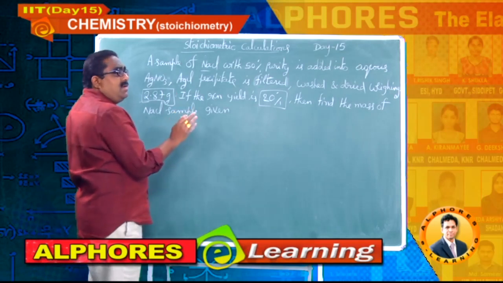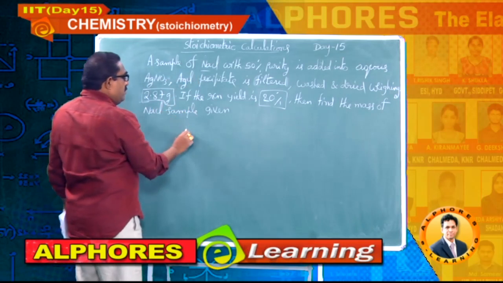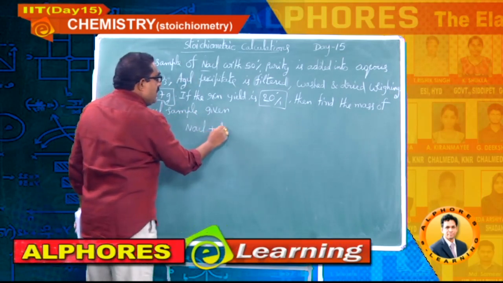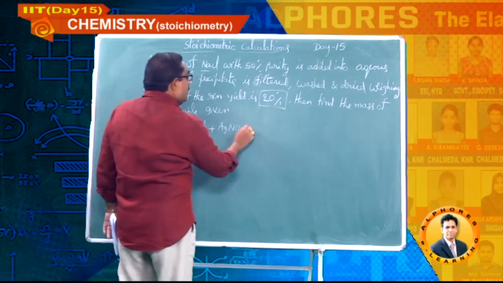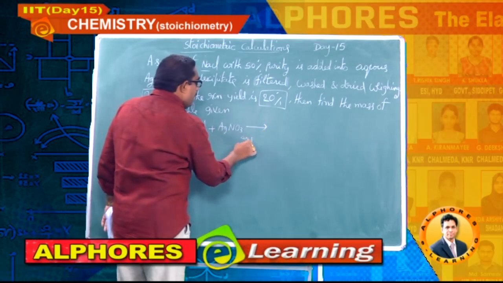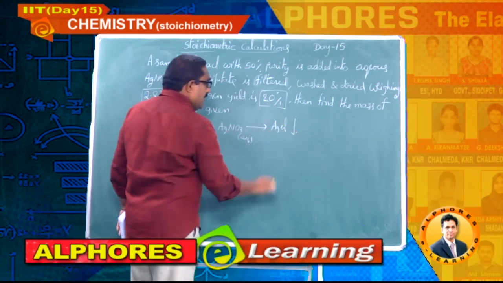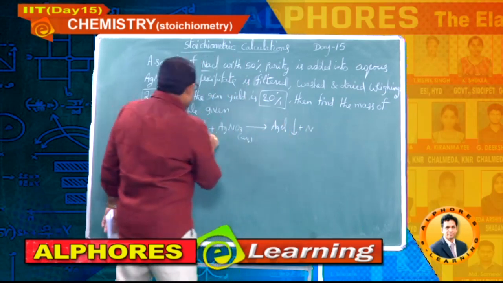First of all, let me write down the equation. Sodium chloride, I am writing, students, so please write down. Silver nitrate, aqueous solution. I will write aqueous. So silver chloride precipitate, he himself is saying, okay. Now what is the remaining thing?